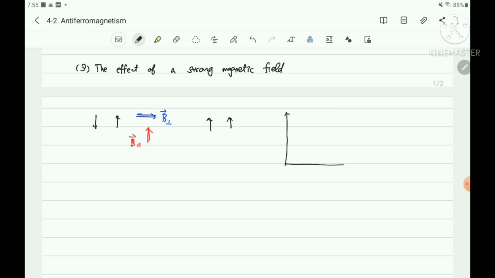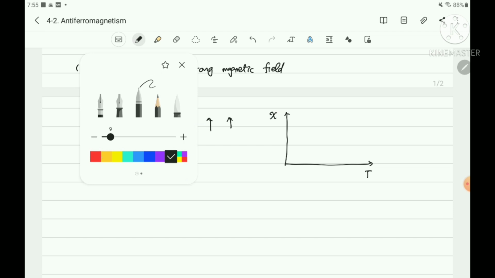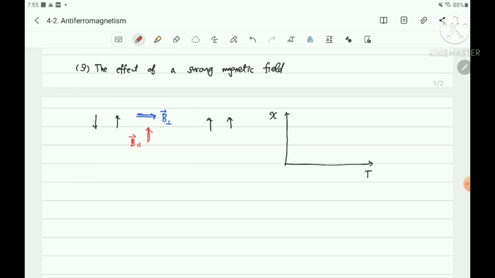When we measure the magnetic susceptibility versus temperature, the antiferromagnetic signal is that it is low at high temperature, and it falls down at a certain temperature, like this. In this case, it is for the magnetic field in the parallel direction, and for the antiparallel direction, it is constant.